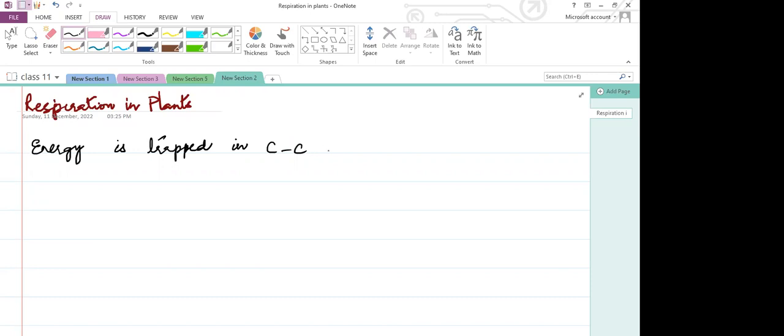No. Energy is trapped in these bonds, C-C bonds, that is carbon to carbon bonds in the organic compounds. And breaking of these organic compounds releases enormous energy, leading to the formation of energy. That energy is in the ATP molecule.